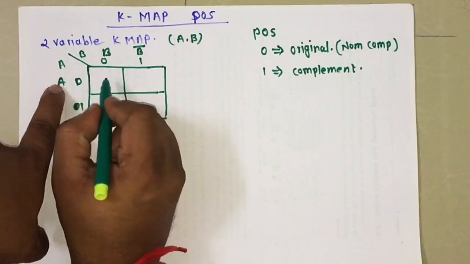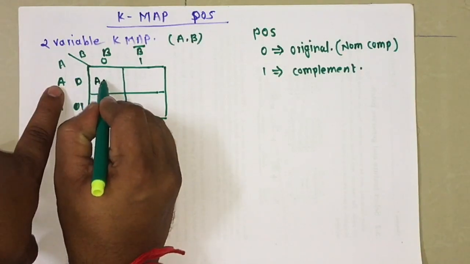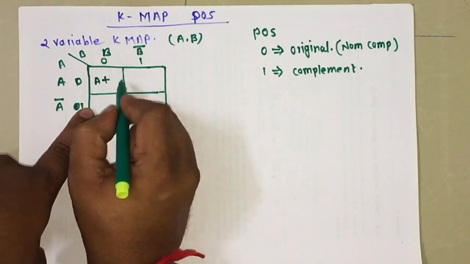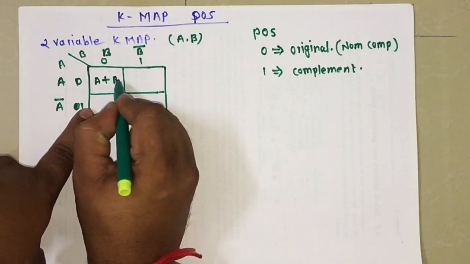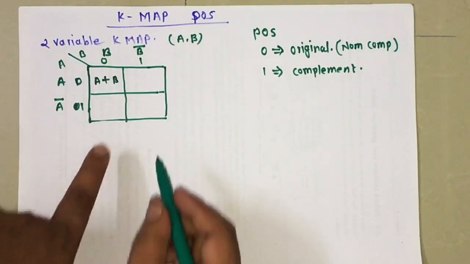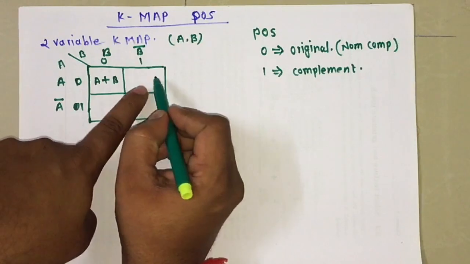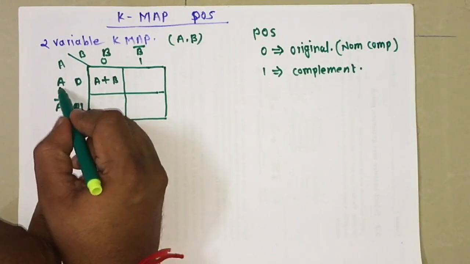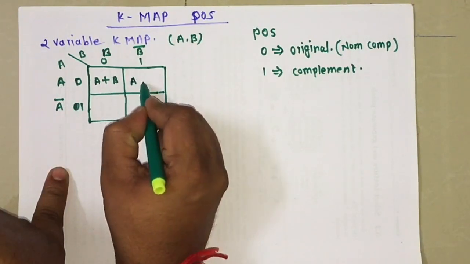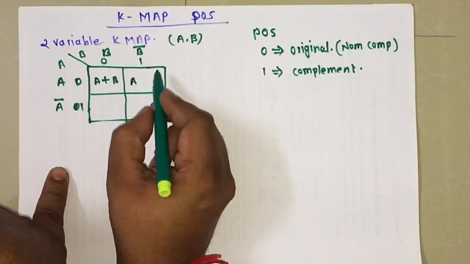So the row value is A plus column value is B. So this term is A plus B. Now for this square box the row value is A and the column value is B bar.